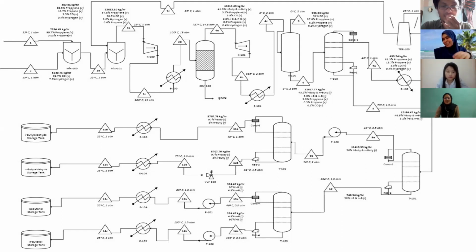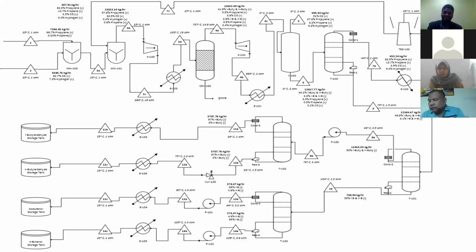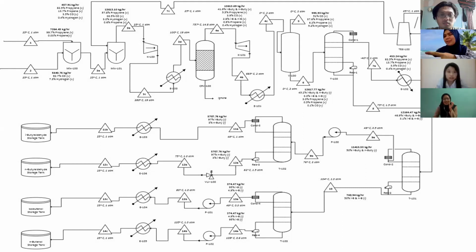So you are using 365 days for your operating plant days? 365 days per year. So no allocation for maintenance, everything. Am I right? Yeah, if not mistaken, Dr. Jaishu, you can correct me.